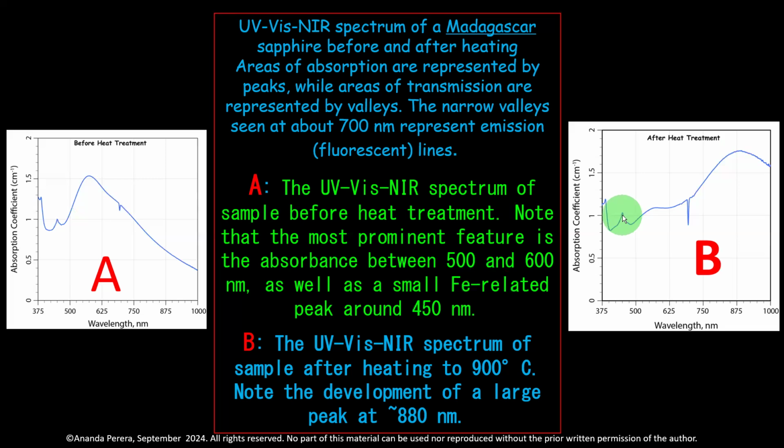See, it is also there, no change. We can't see this peak with the manual spectroscope. We have to go to UV-VIS-NIR. Any lab can have this machine. They can detect the heat treatment. Remember that.